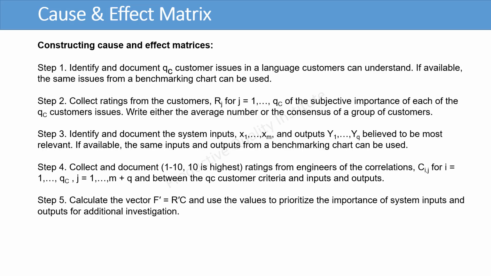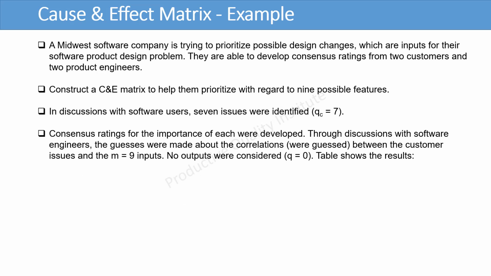In order to understand the calculations better, we have to study the following example carefully. A Midwest software company is trying to prioritize possible design changes, which will be used as inputs for their software product design problem.